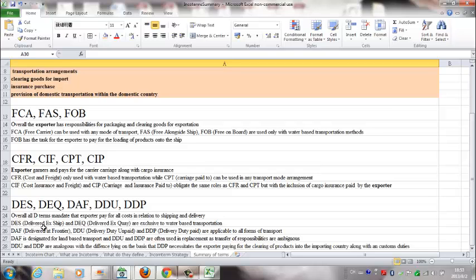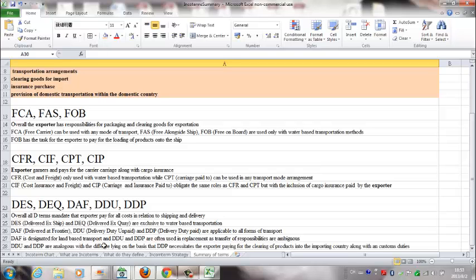DES, delivered ex ship, and DEQ, delivered ex quay, are only exclusive to water-based transportation, while DAF, delivered at frontier, DDU, delivered duty unpaid, and DDP, delivered duty paid, are applicable to all forms of transport. DAF is more or less designated for land-based transportation, while DDU and DDP are often used in replacement, as transfer of responsibilities are rather ambiguous under DAF.